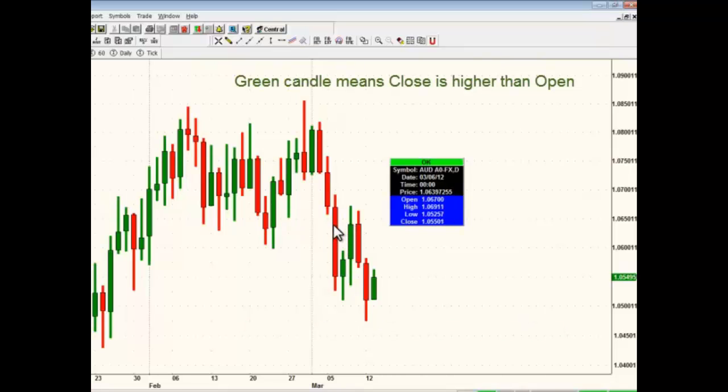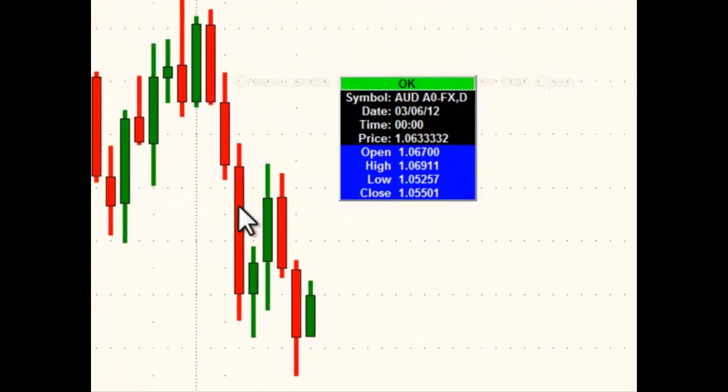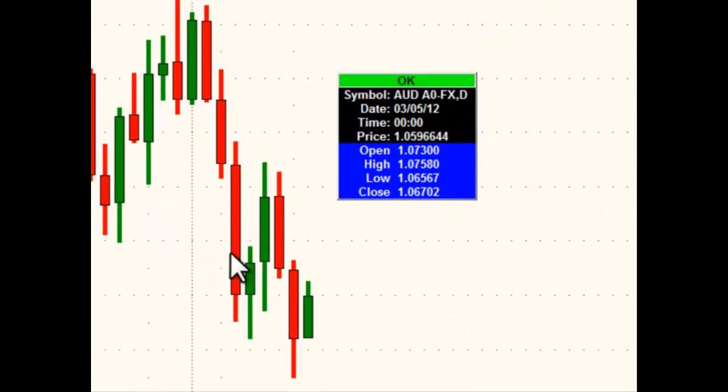So if I take this red bar here, you'll see that this thick body part of the candle represents an open up here at the top of that thick part of the candle, a close down at the bottom of that body of the candle, and the thin part of the candle represents the range of price traded that day outside of the open and close.